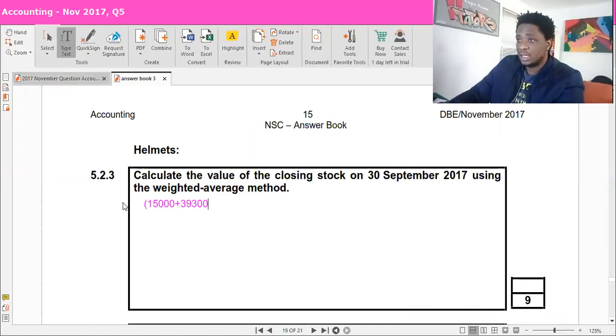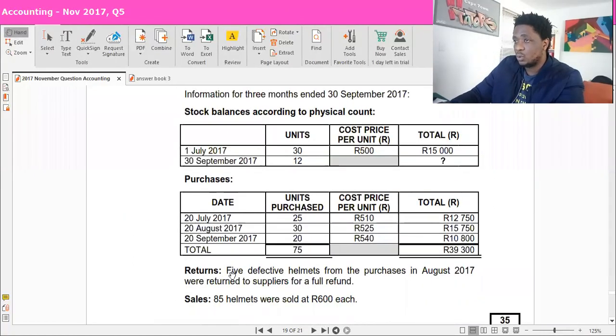And then after that, we were told that there were 5 units that were defective from the purchases in August 2017 that were returned to suppliers for a full refund. So in this case, what we need to do is exclude these 5 from our calculation. We know that they are from the 20 August 17 units, so they were at 525. So we need to make sure that we exclude them in our calculation.